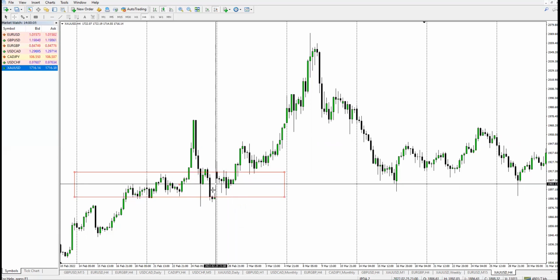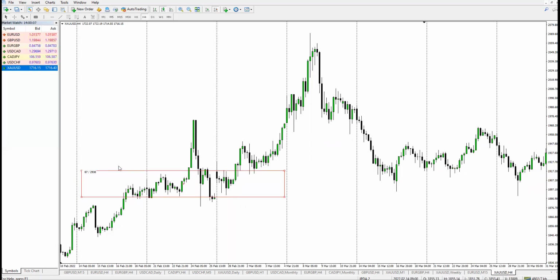So this is a vacuum block because it has porous price action, meaning it's open. There's nothing that's been traded in there. So from the closing on Friday to the opening on Monday, this is an inefficiency. And we treat it as bullish because it gapped up.